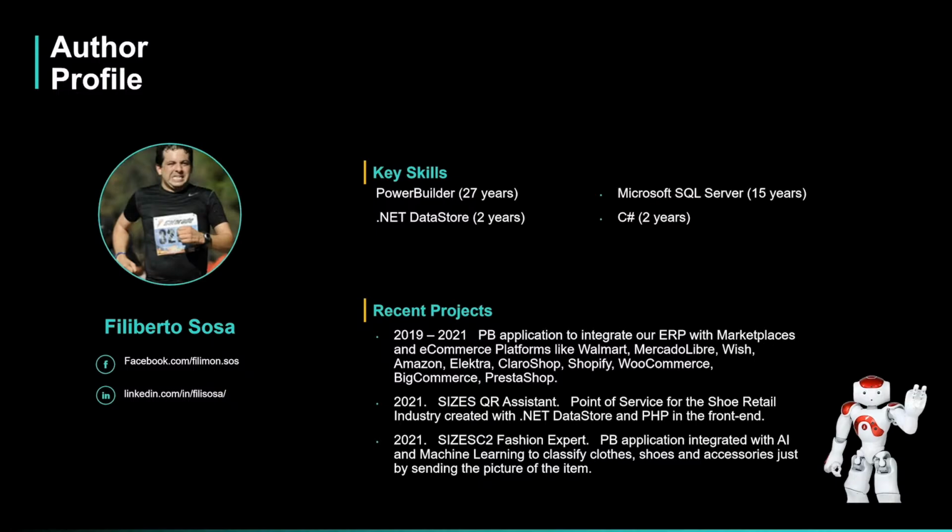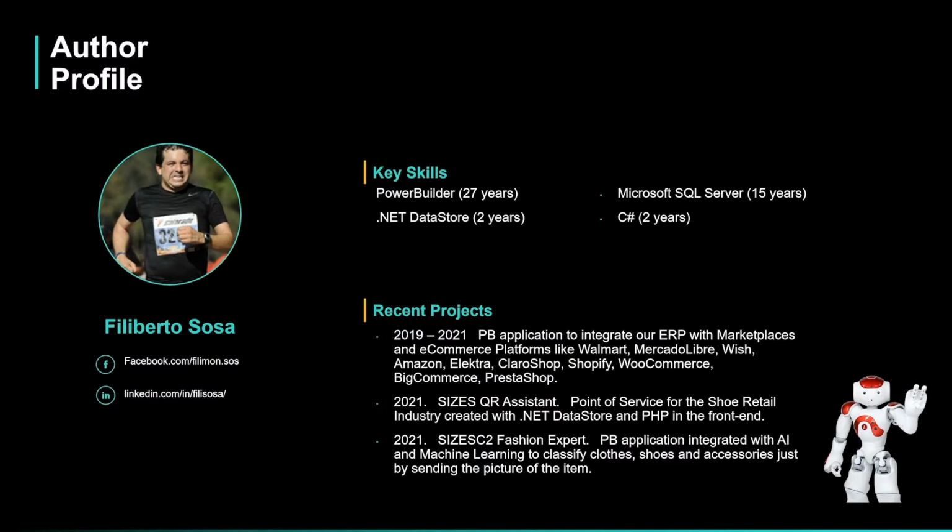In the year 2021, we created Sizes QR Assistant, a point of service for the retail industry. And we created that service with .NET Data Store and PHP in the front end. In 2021, we started with a new project. We call it Sizes C2. Sizes C2 is a robot, and it is a fashion expert.